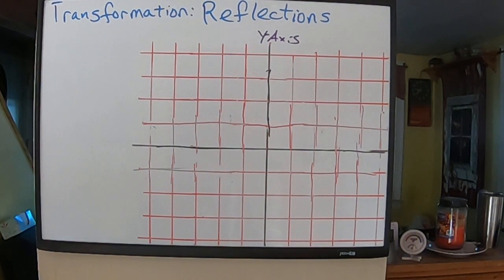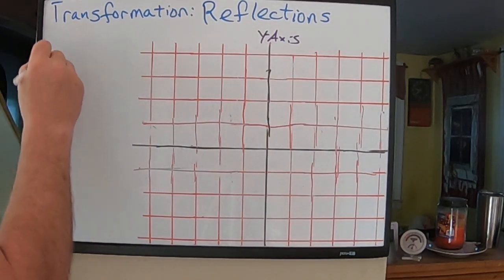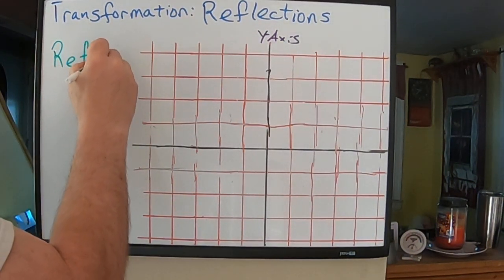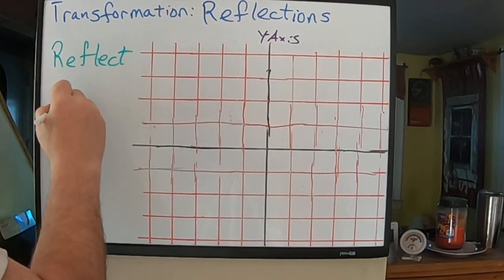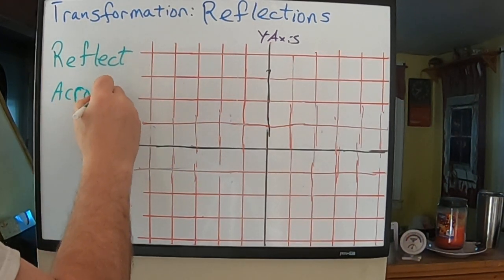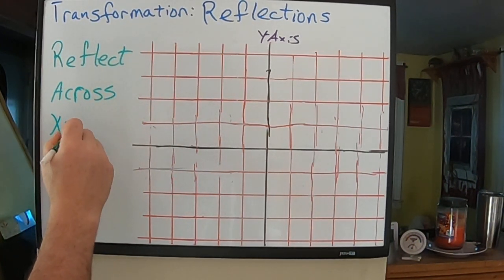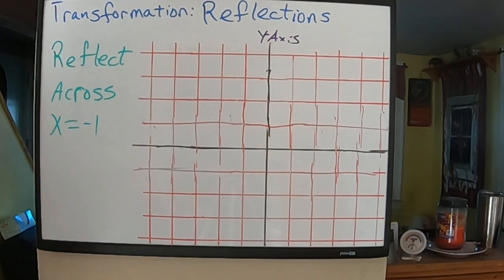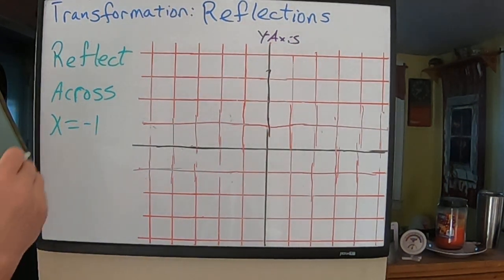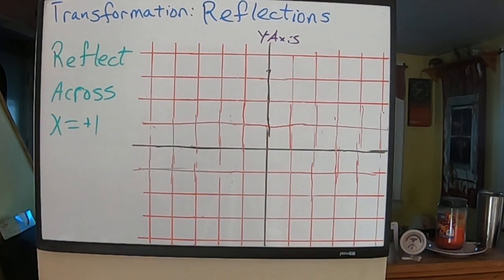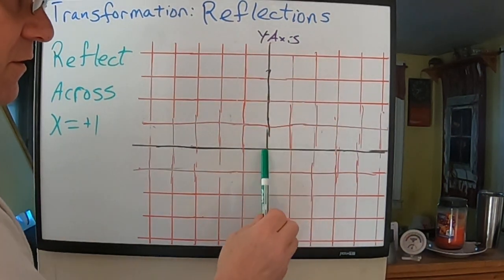For example, if you had to reflect across x equals 1. If we're trying to reflect across a line, x equals 1, well, where is x equals 1? Here's 1 for x.